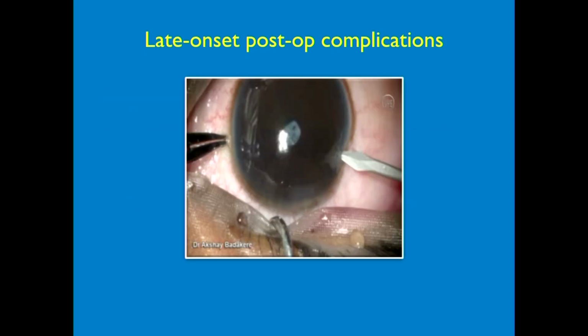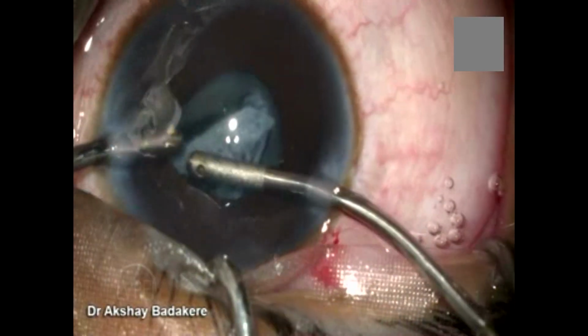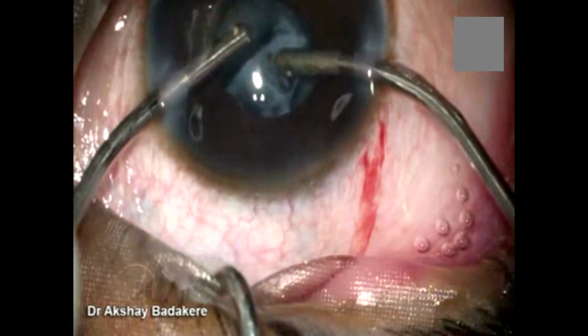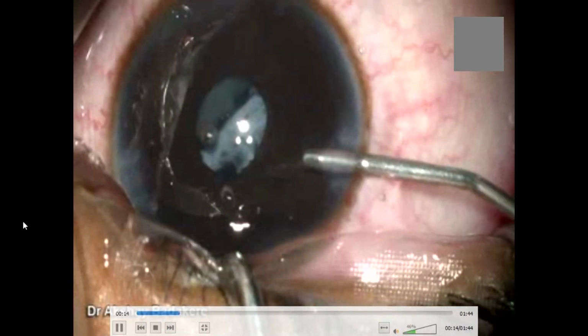So this is a small video of a child who had come from Bangladesh, and if you look at this picture, you'll feel as if there's a membranous cataract, but actually this was a case of a visual axis opacity which had formed, which needed membranectomy.